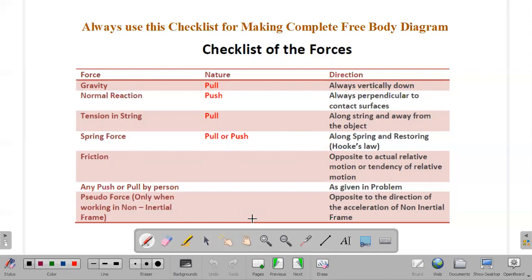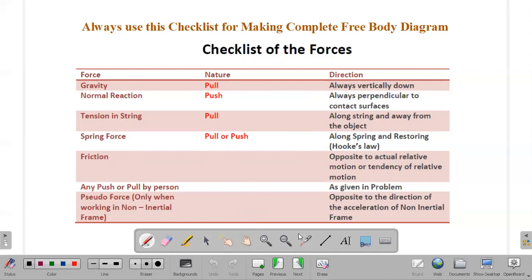So before proceeding, always verify that you have considered all the possible forces in your free body diagram. Then only move to the next step.